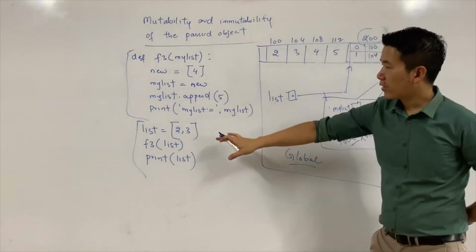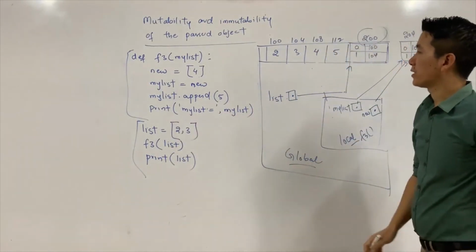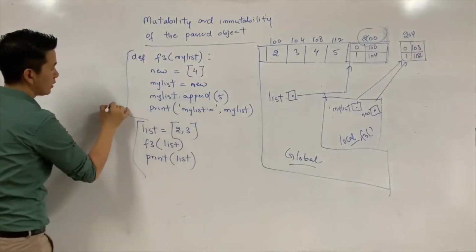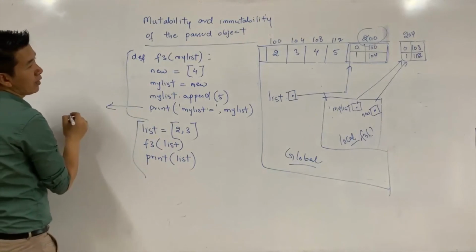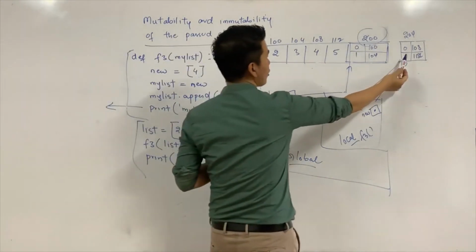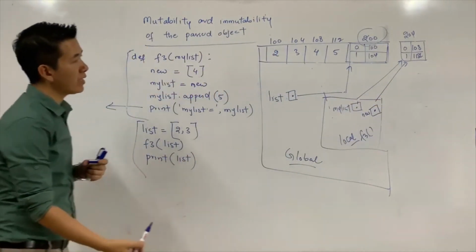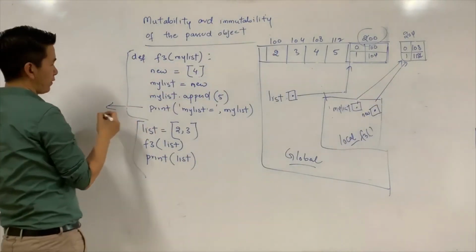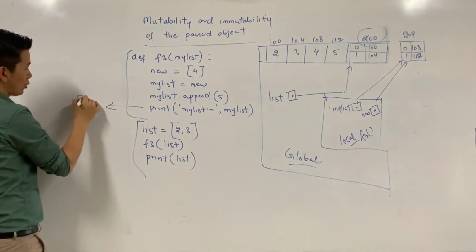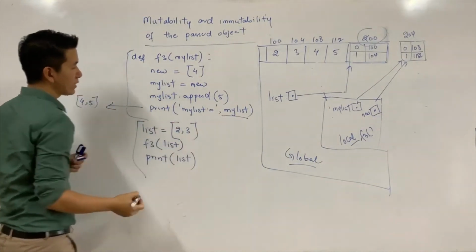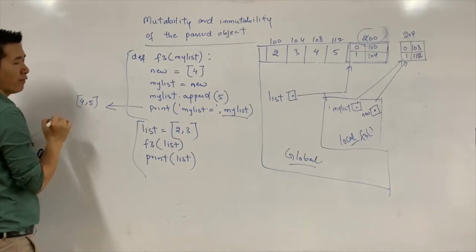So now this time when you print the content of my list, this will give us the answer of 108. The value at 108 is 4. The value at 112 is 5. Right? So we should see an answer like this. When you print the content of my list, it will be 4, 5.